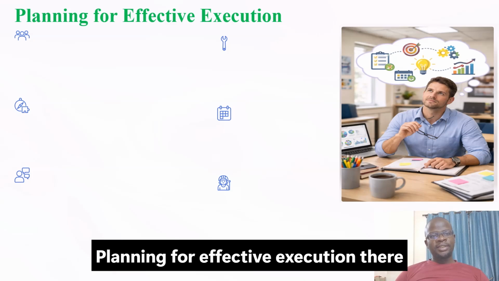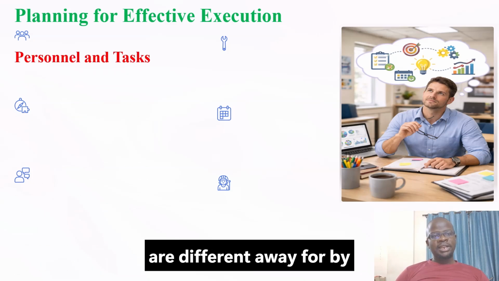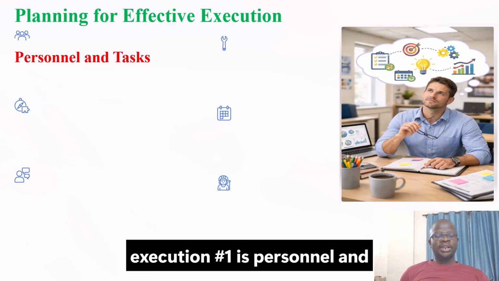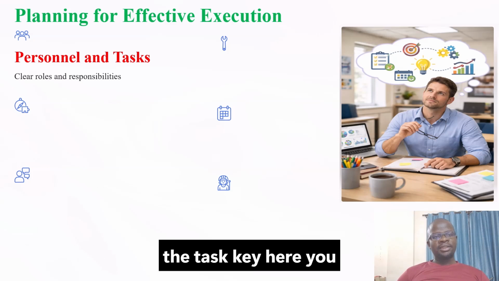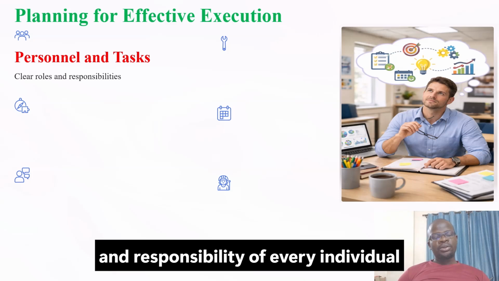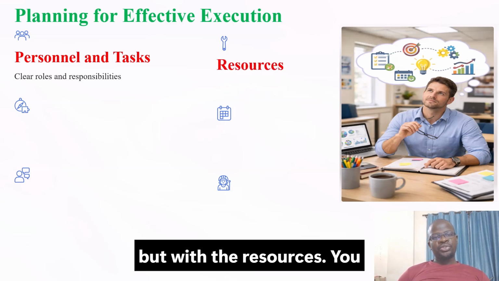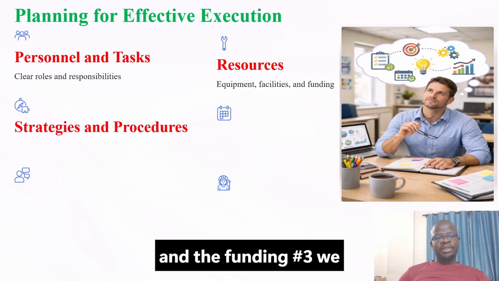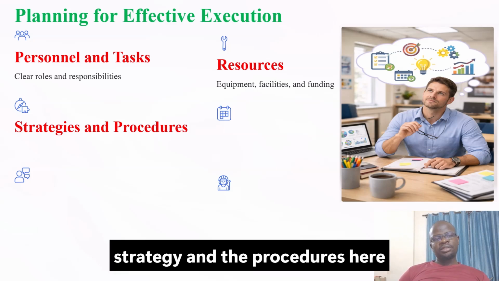Planning for effective execution. There are different ways for planning for effective curriculum execution. Number one is personnel and the task. Here you have to establish clear roles and responsibilities of every individual. Number two is the resources. You have to specify equipment, facility, and funding. Number three, you have to use different strategies and procedures.